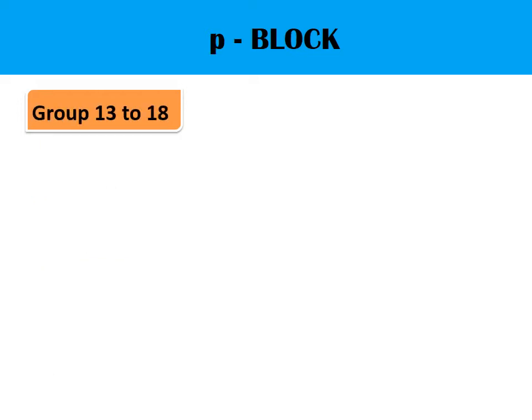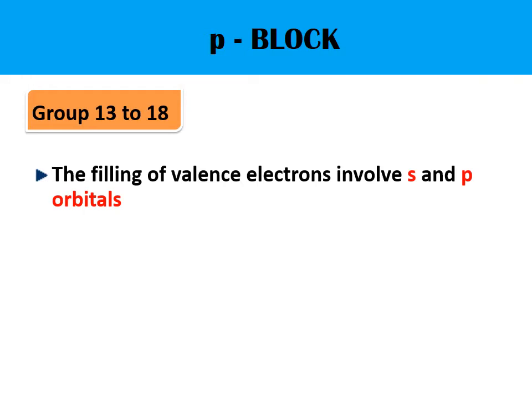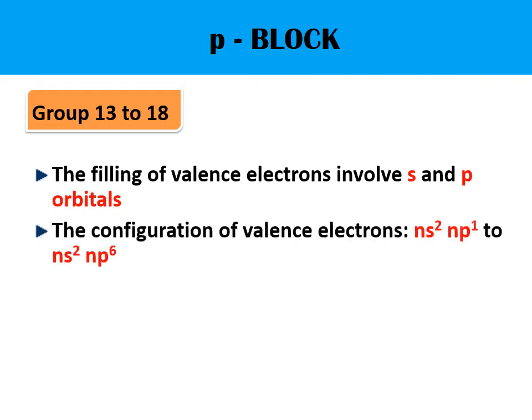And then we have P block. P block involves elements from group 13 to group 18. Normally for P block, the electronic configuration will end with s2 p1 up to s2 p6.